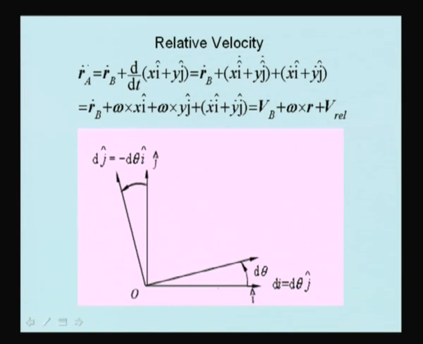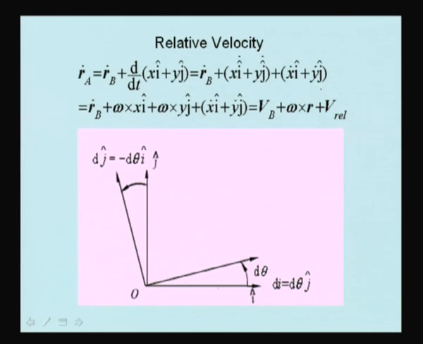Differentiate it with respect to time, we get r dot A is equal to r dot B plus d by dt of (xi plus yj). Differentiating xi with respect to time, we get one term x times i dot plus x dot times i. Then we get y times j dot plus y dot j.